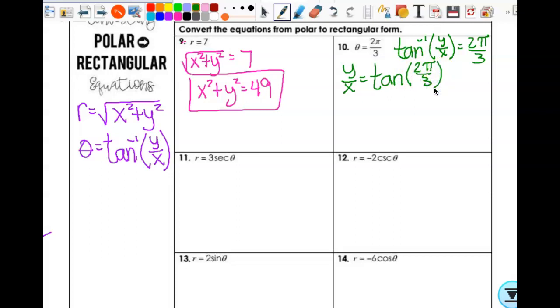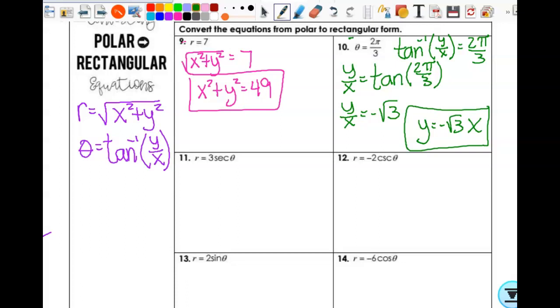What is the tangent of 2 pi thirds? Negative square root of 3. So I get y over x equals negative square root of 3, which means that y equals negative square root of 3 x. And this is just a line, just like we knew that was a line, right? We good?